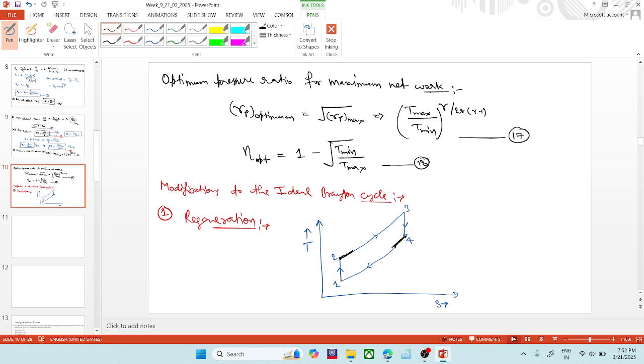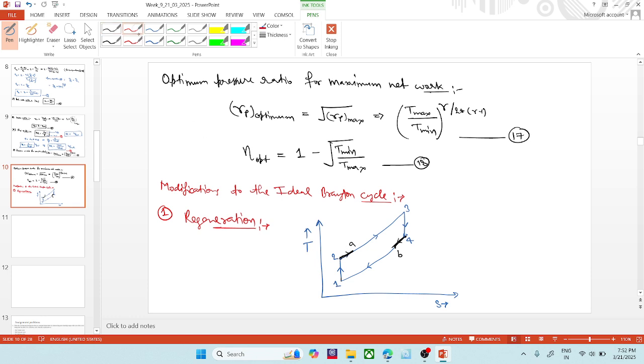So let's suppose from point 4 to B, this stream has transferred some heat to the incoming stream to the combustion chamber, and it reaches point A. By transferring some heat, the turbine exit point moves from point 4 to point B, and by gaining some heat, the compressor exit point moves from point 2 to point A. This is called regeneration.